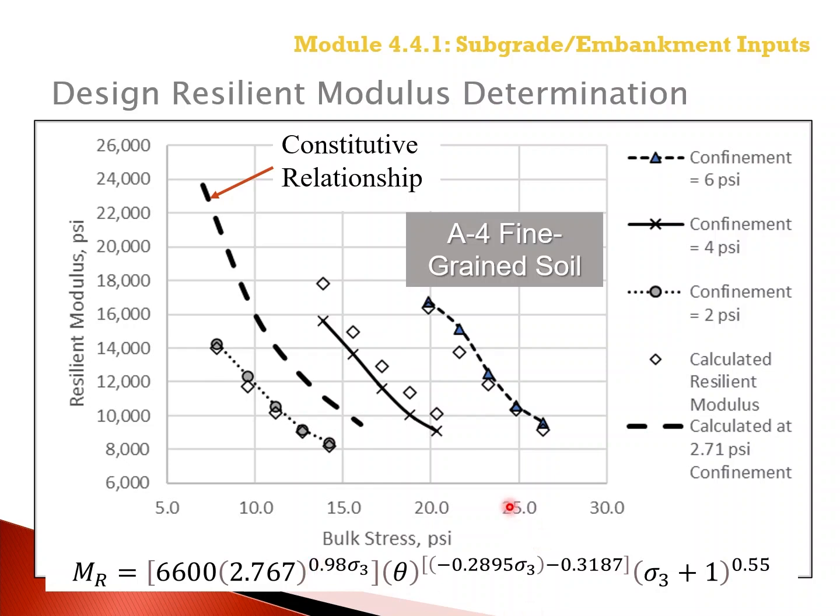In this case, the calculation using the constitutive relationship is at 2.71 psi confinement, which is the expected in-place confinement for this element of soil beneath the pavement structure itself.